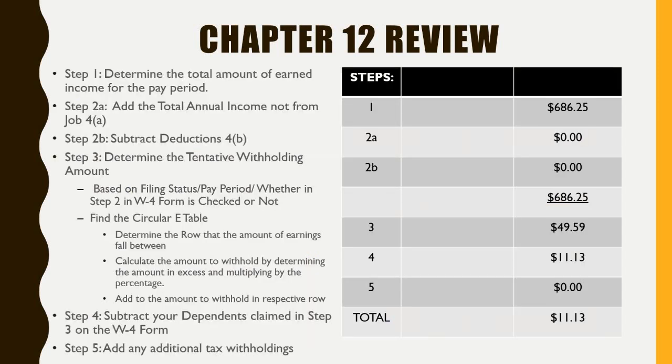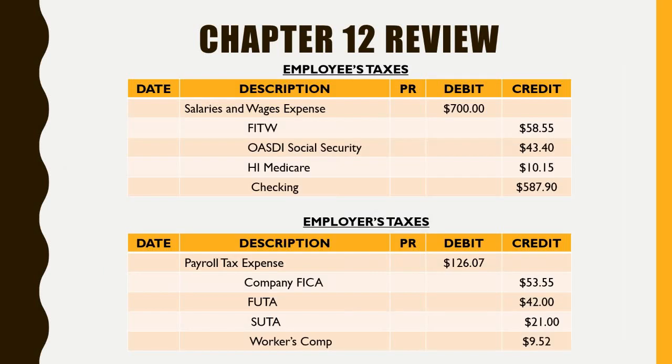Okay. We also talked about how to calculate the federal income tax withholdings. These are the steps. So once again, if you need help here. And these are the journals that we need to put in our books, okay?